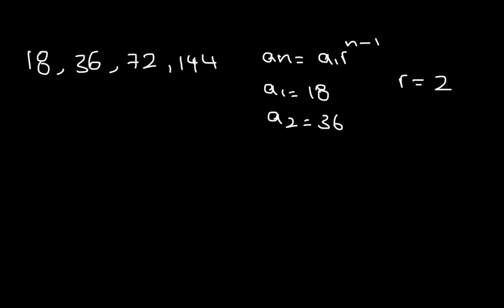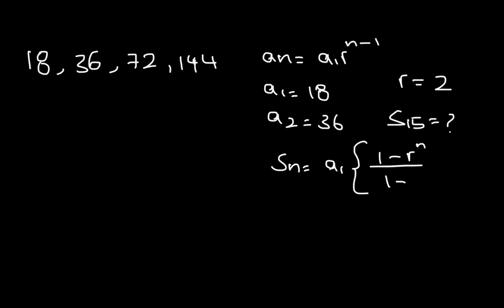But how are we to find the sum of the first 15 values? There is a formula associated with that, and it is Sn equals A1, 1 take away r to the power of n, over 1 take away r.